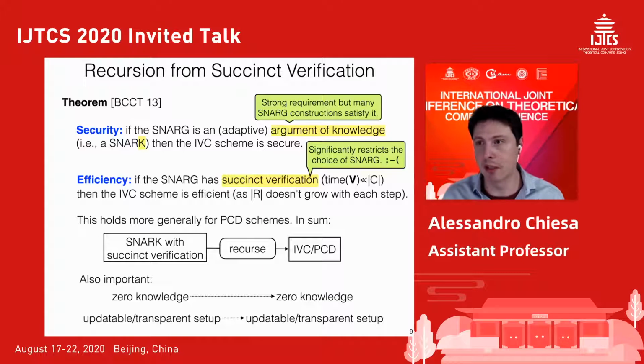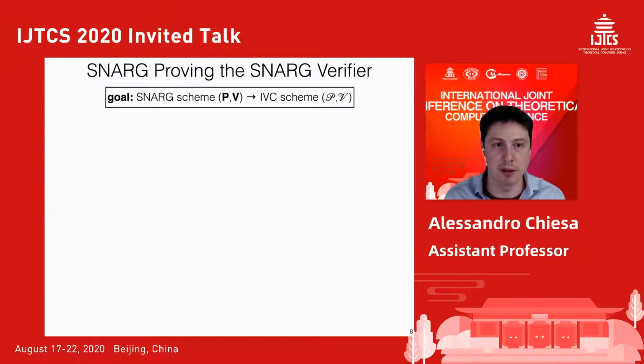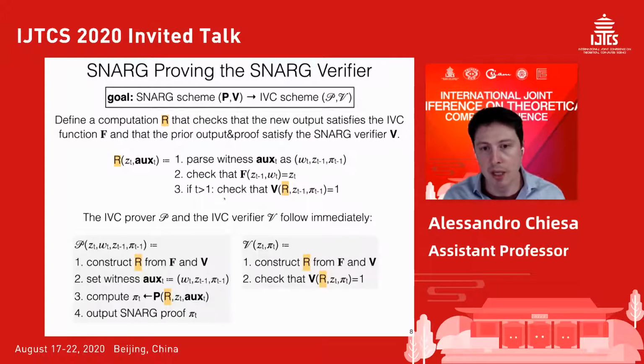I'm going to pause for a moment here because there was a question that I just noticed. The question was, how can we generate the computation R? So I'm going to come back to the computation R here. I presume the question has to do with the circular nature of this one. If R were a circuit, then how could the circuit include a description of itself? This can be resolved because typically in snark constructions, the verifier doesn't actually receive the circuit as input, but it receives a cryptographic commitment to it.